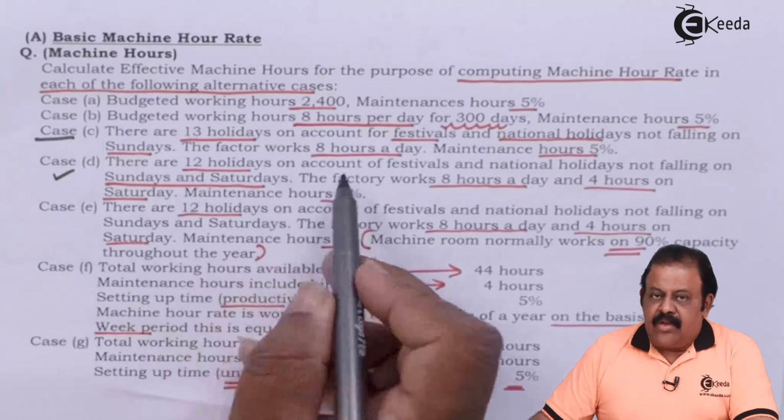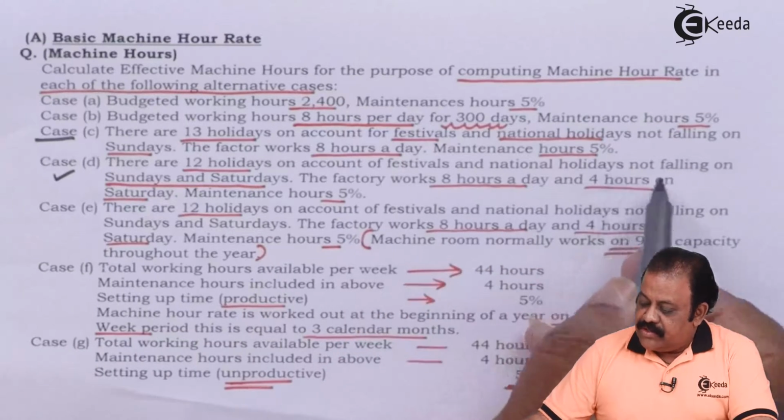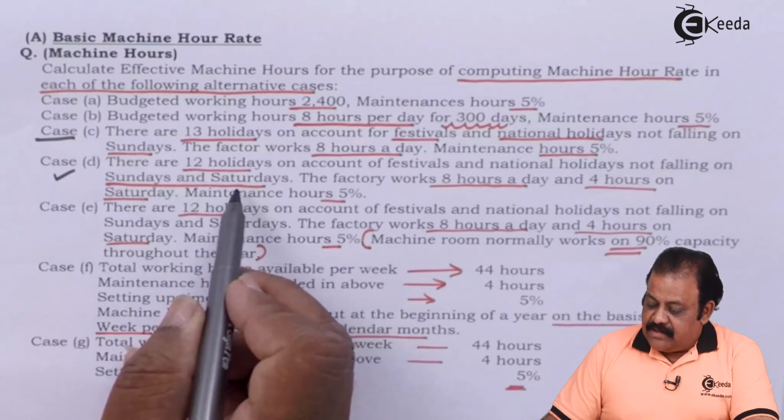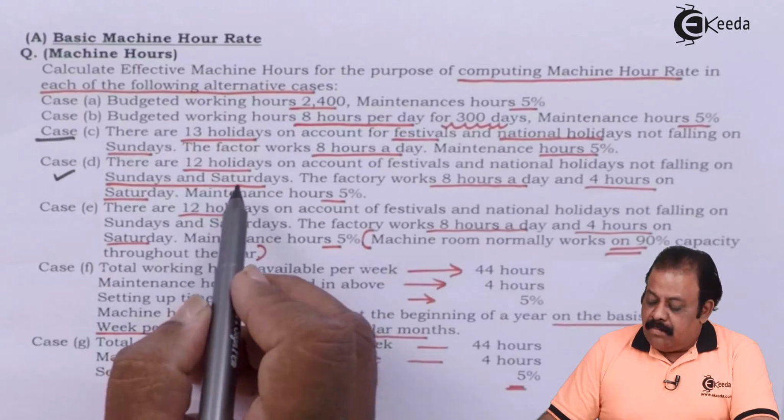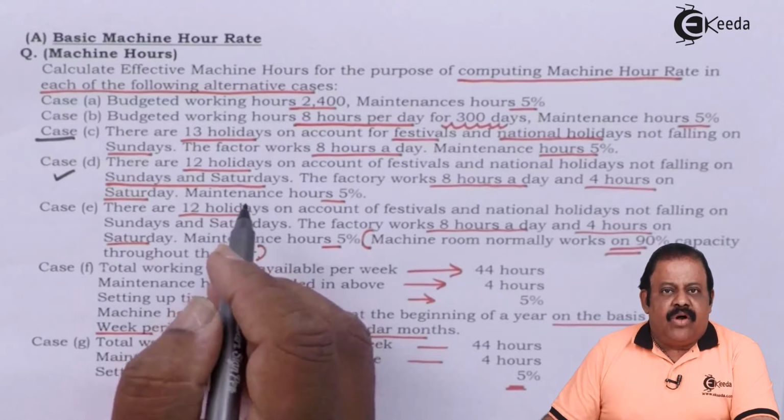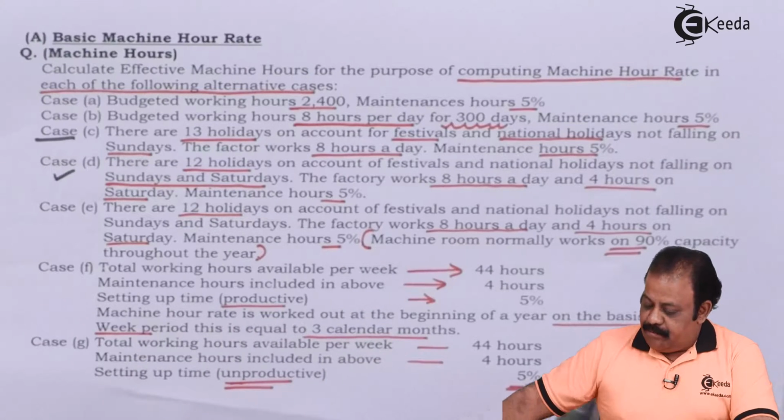The factory works 8 hours a day. So we are required to first find out the number of days on which actually factory was working on a full day.